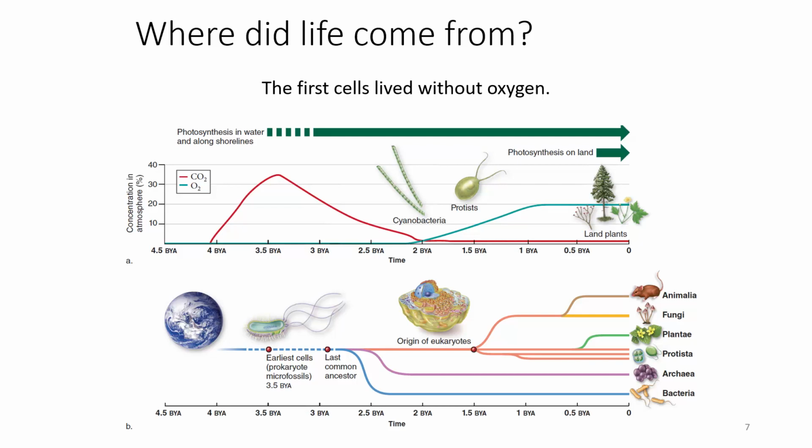The first cells lived without oxygen, so you can see when carbon dioxide was found in the environment and prevalent, and then when oxygen started to take over. So about 4 billion years ago is when we estimate that the first living organism came to be, and those first living organisms were completely dependent on sources other than oxygen for energy production.